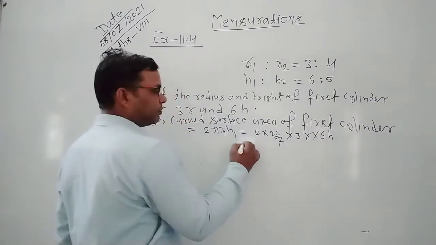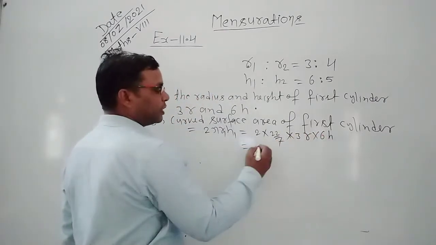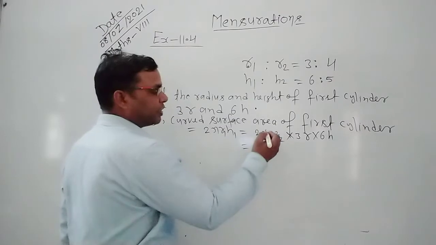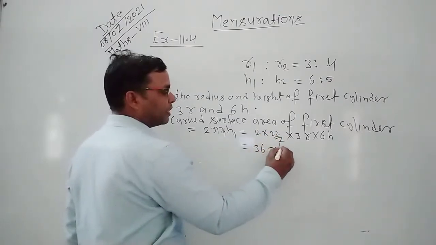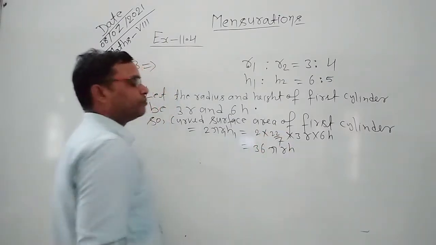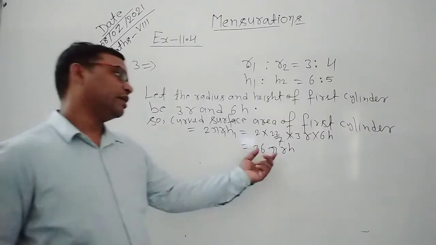So it becomes 36 pi RH, where 22/7 is written as pi.